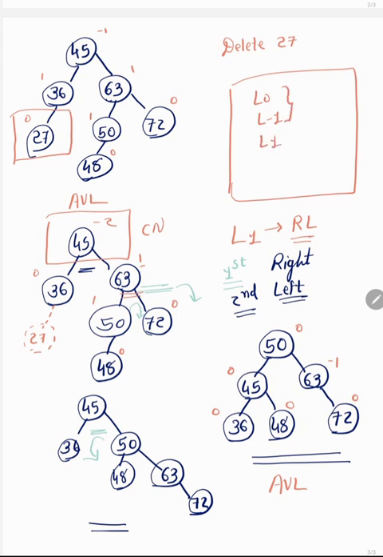L0 and L-1 both are a single rotation, that's an RR rotation, and L1 is a double rotation, that's an RL rotation. And if you understood this, then it would be very easy for you to solve any problem, right? I hope you understood this left rotation and right rotation while deleting a node in an AVL tree.